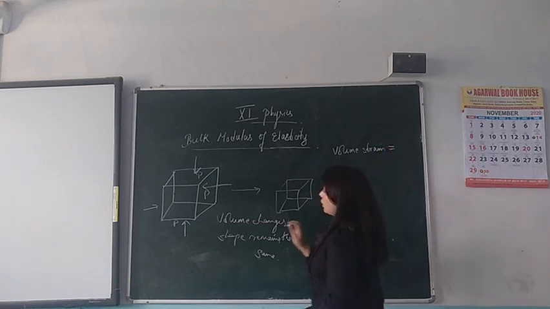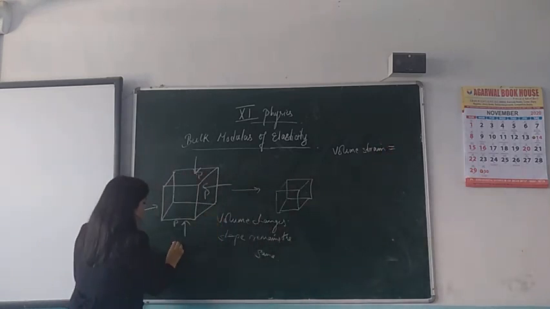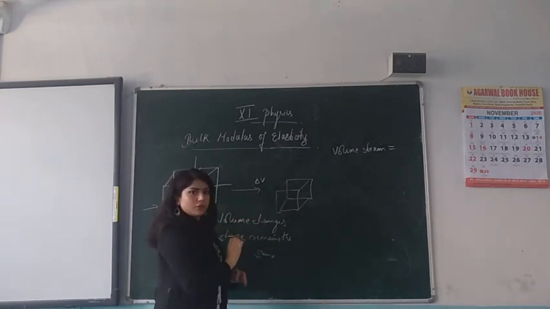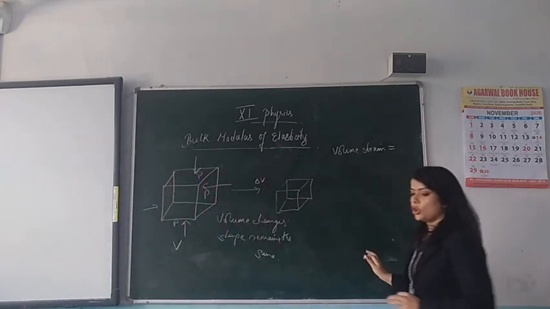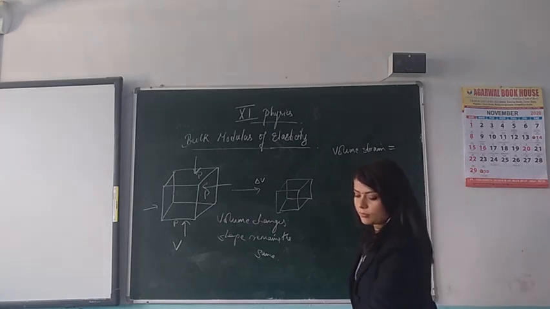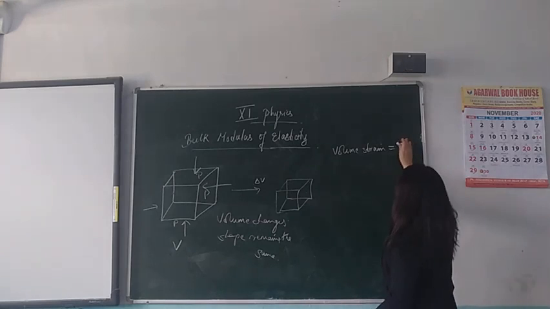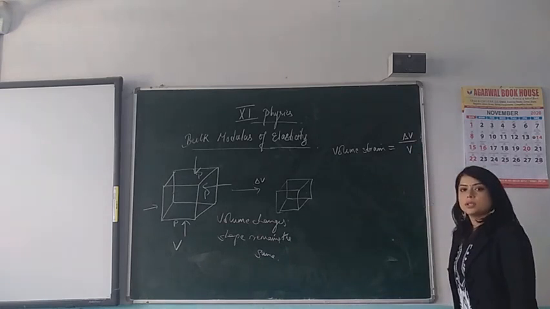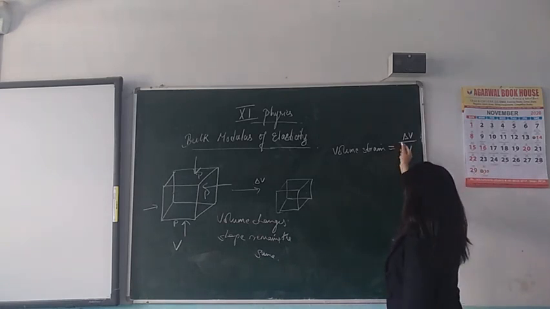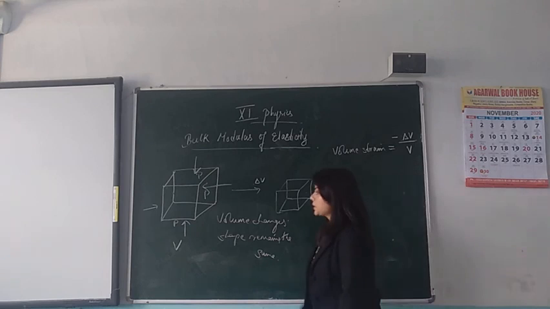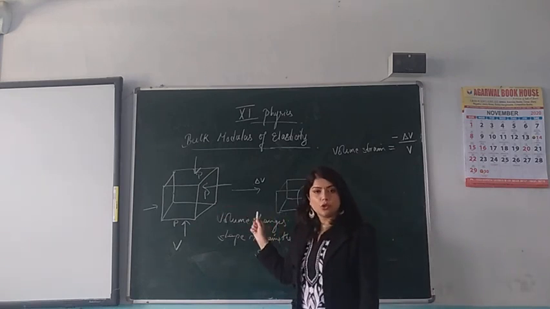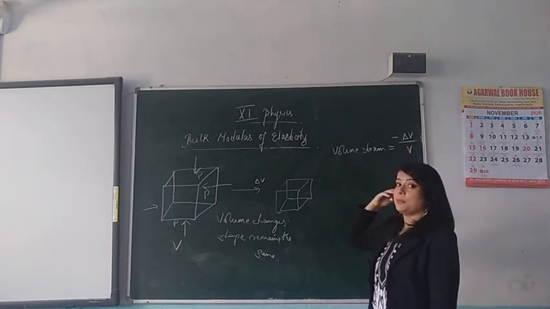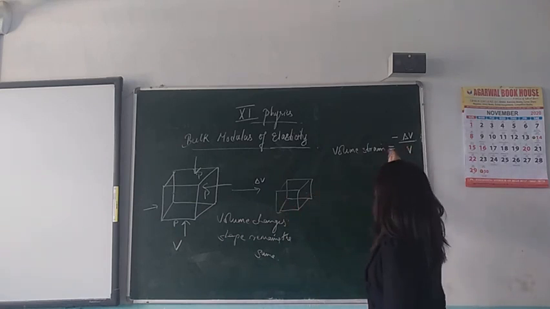Suppose the initial volume of this is V and the change in the volume is del V. Now, volume strain will be the change in the volume divided by the actual volume. It will be minus because the volume has decreased. If it had increased, it would have been plus.